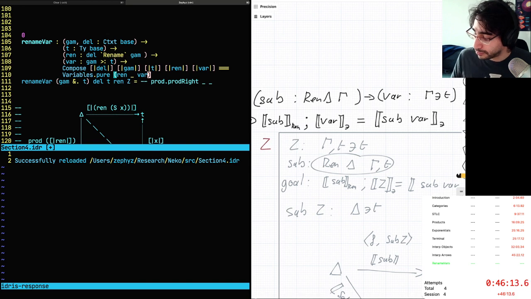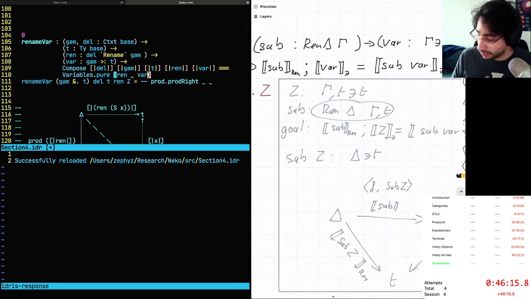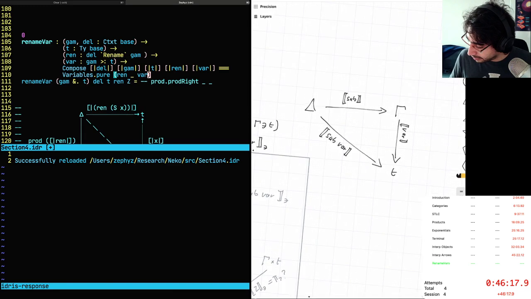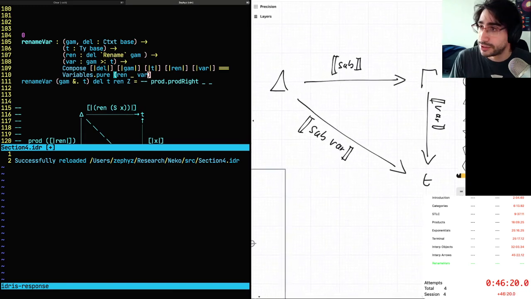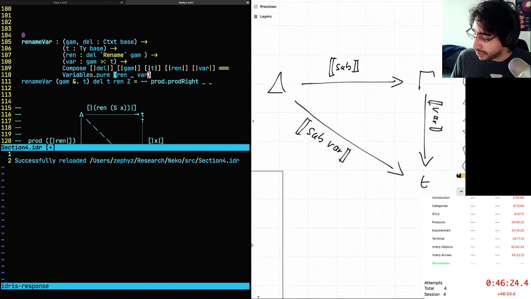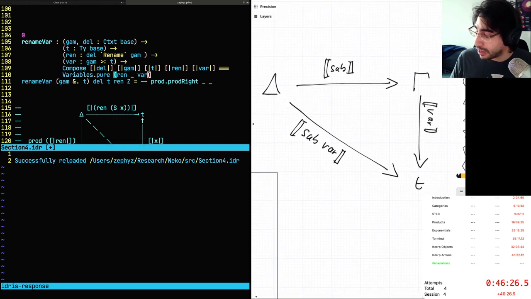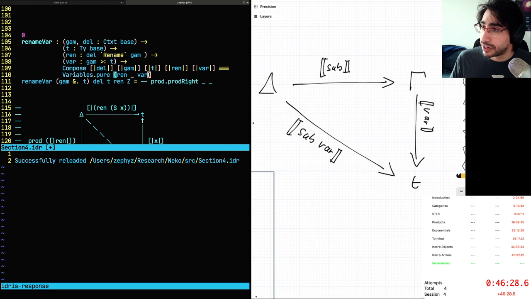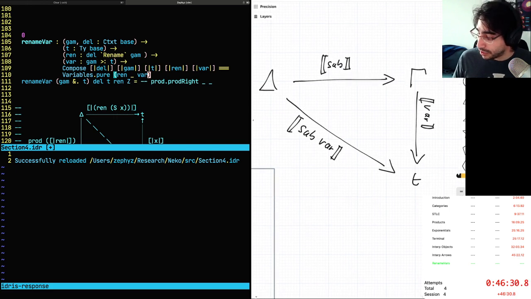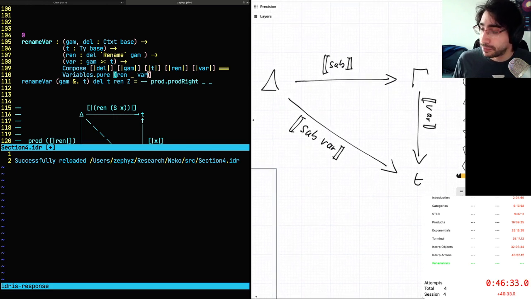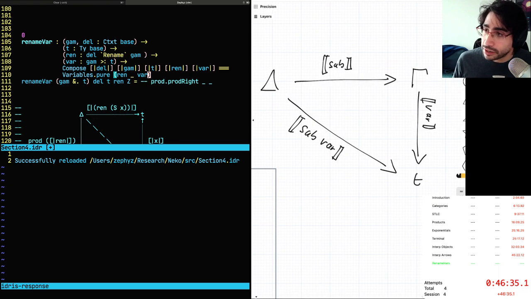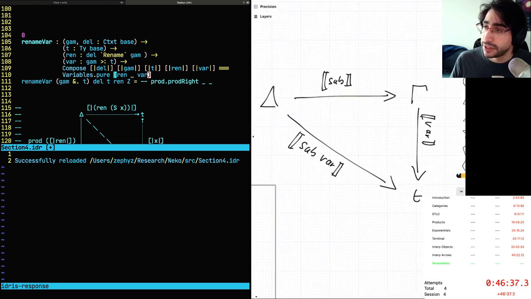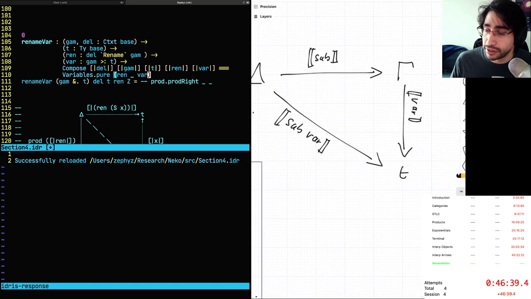It might be more clear to see here, if you draw the diagram. Those are called sub, but they should be called ren for renaming. If you have a renaming from delta to gamma, and you have a variable t in gamma, then doing the renaming of the variable and then interpreting this as an arrow should be the same thing as interpreting the renaming and then interpreting the variable.